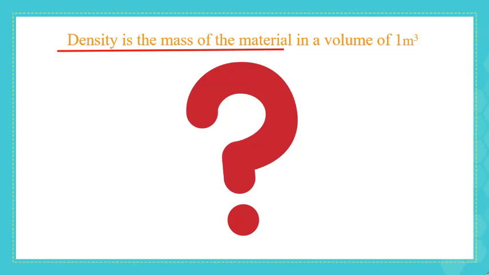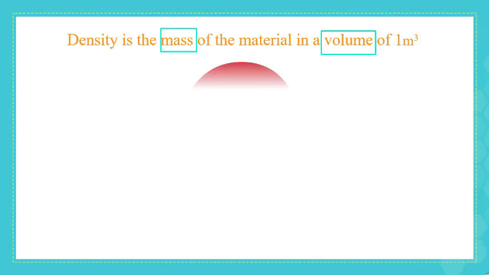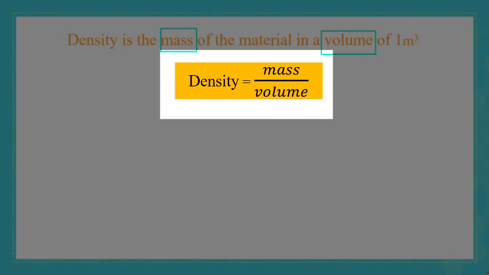Then the first factor that the density depends on is the mass. In a volume of 1 meter cube, then the second factor is the volume. So density depends on two factors that are the mass and the volume. So density equal mass over volume.